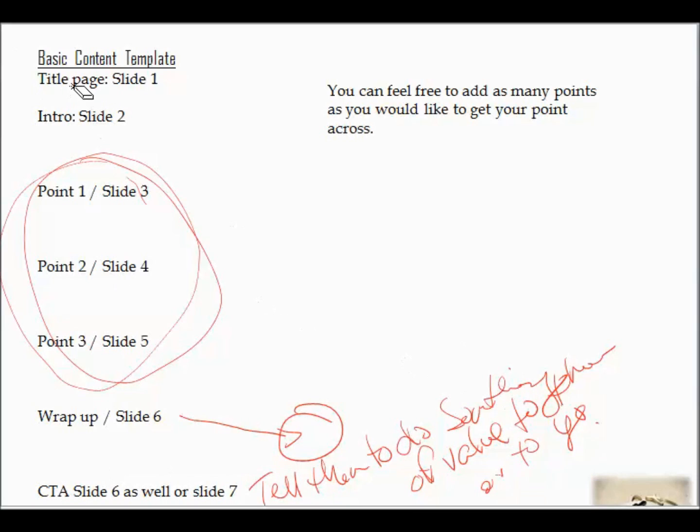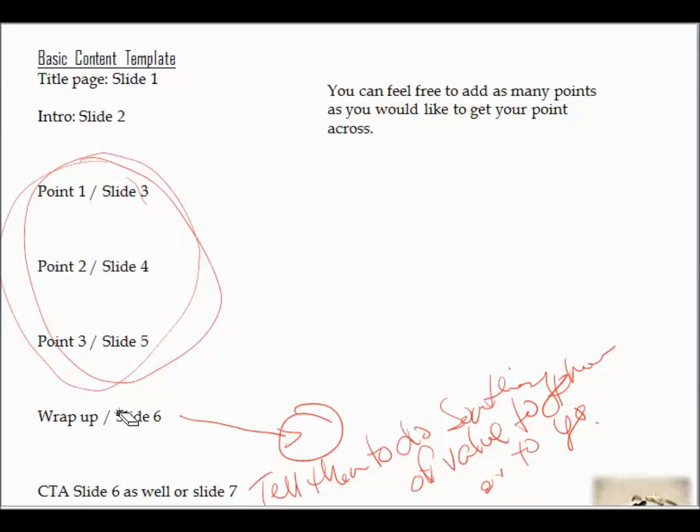So like I said, you want to go ahead and start off with your title page, whatever you want to put there, the title, the table of contents, or just the title, that's up to you. Intro: this could be your intro paragraph or your table of contents. This is mainly your meat, regardless, of whatever it is you're doing a tutorial on.